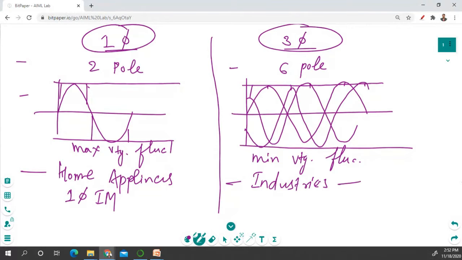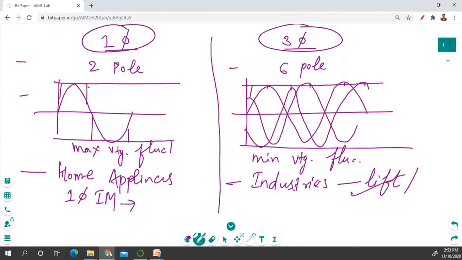So all the big motors like lift, water pumps, or your shaft is there. So you can use 3-phase induction motor in industries, where in home appliances, what are the home appliances?